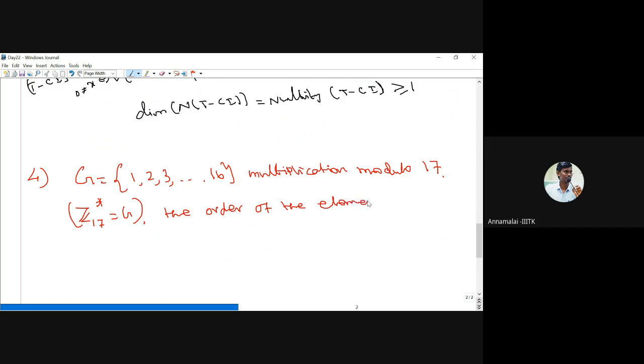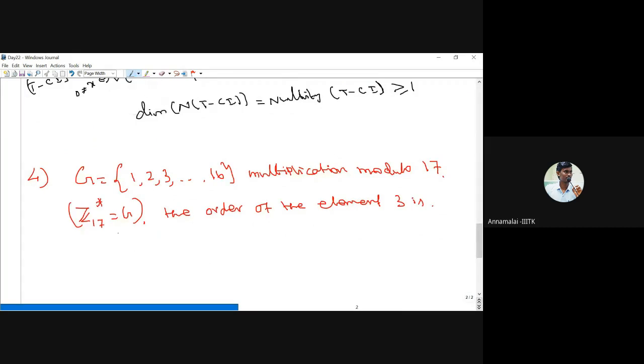What is the order of an element? Order of the element 3 means 3 power something should be 1 modulo 17. So what is the number?